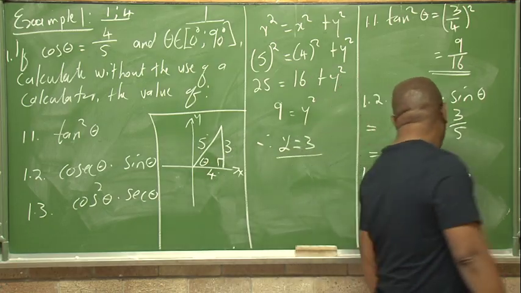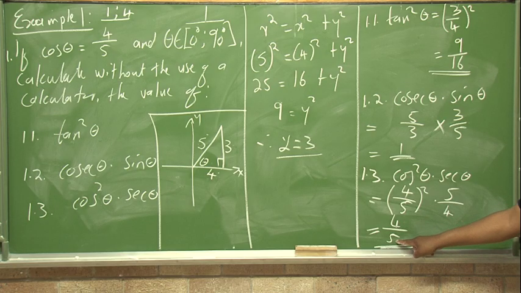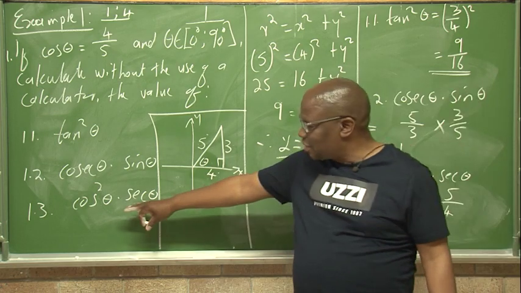That's the answer that we have ultimately, because it's 4 squared. Two 4s here, one 4 will cancel this one. Two 5s here, one 5 will cancel this one. So the numerator will be left with 4, the denominator will be left with 5. And this will be the answer to this question.